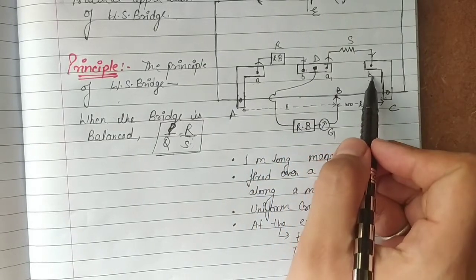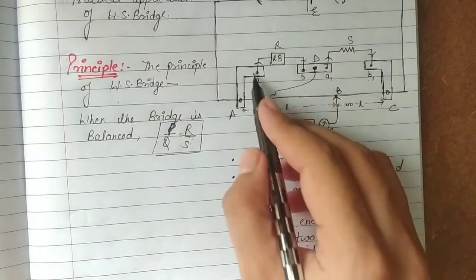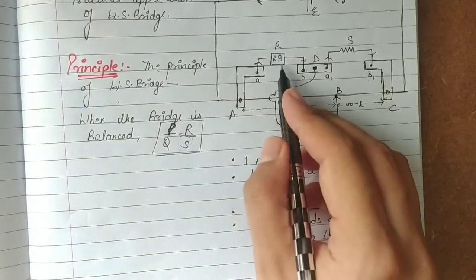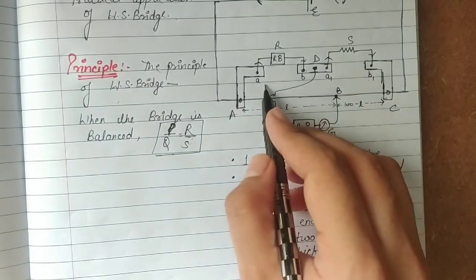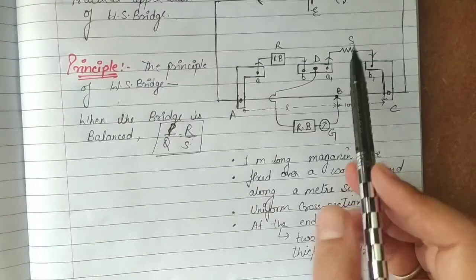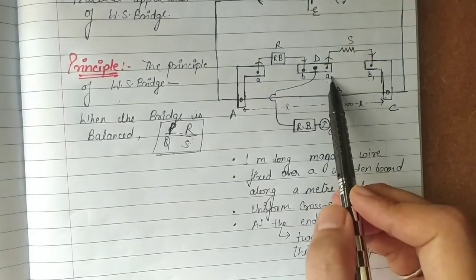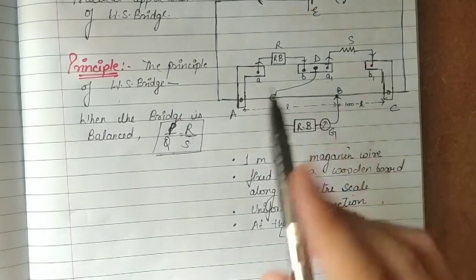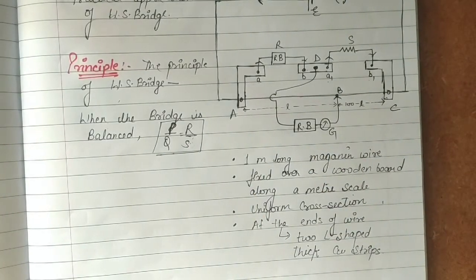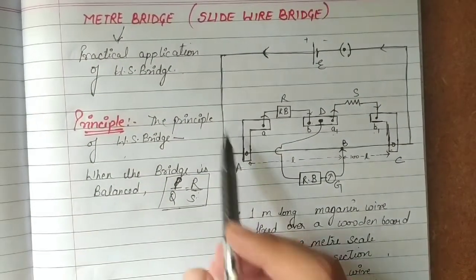A resistance box is connected in the gap AB, and the unknown resistance that we are trying to find, means capital S, is connected between the gap A1 B1. A source of EMF epsilon is connected across AC.